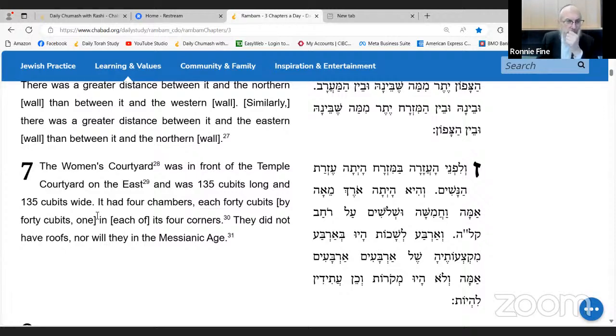Well, yeah, but then no women were there at different instances. It was 135 by 135 and had 4 chambers. 1, 2, 3, 4 chambers. The 4 chambers were 40 cubits by 40 cubits, and each one had 4 corners. They did not have roofs, nor will they in the Messianic age.